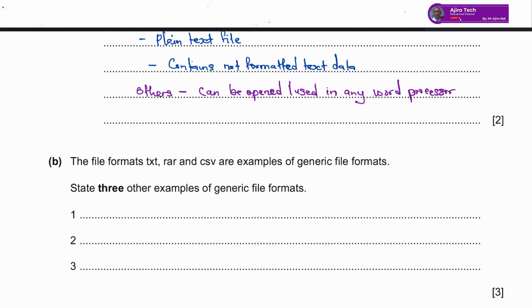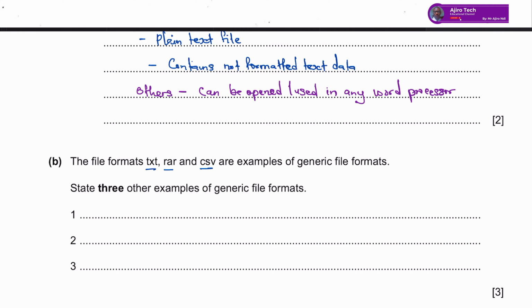Okay, let's look at the B part. The file format TXT, the RAR, CSV are examples of generic file formats.